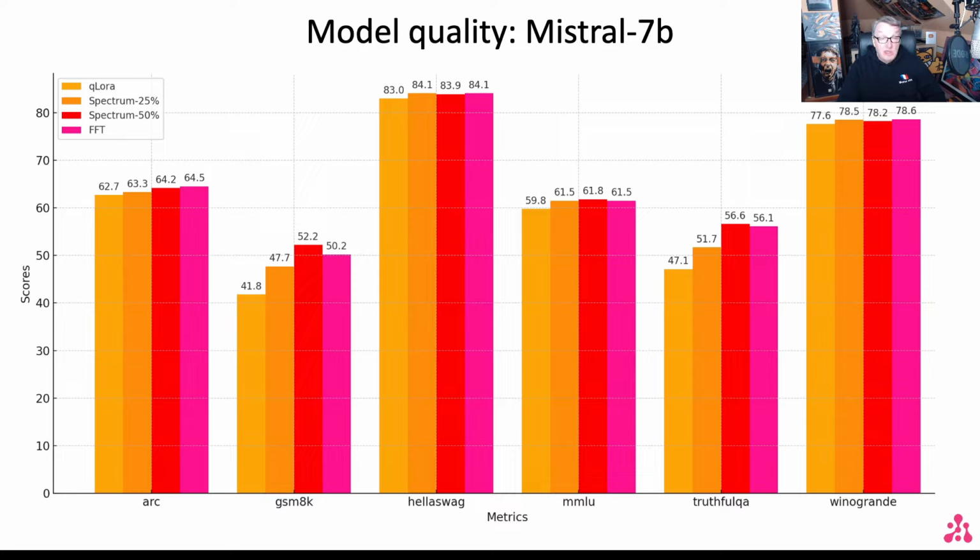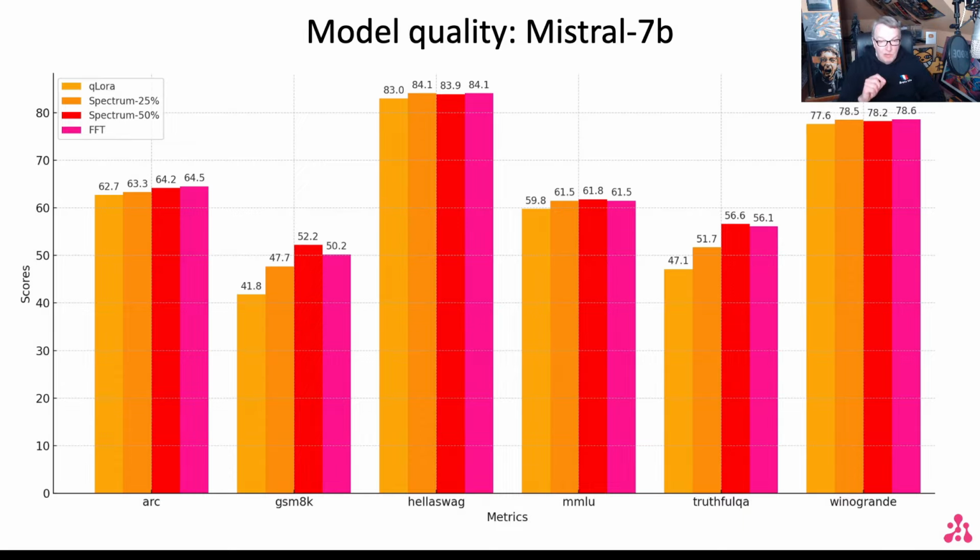If we look at GSM-8K, Spectrum is very good. Make a note of that because we'll see that again. And QLoRA actually does pretty poorly. If we look at HelloSwag, we can see Spectrum 25% and Spectrum 50% head-to-head with full fine-tuning, about the same on MMLU.